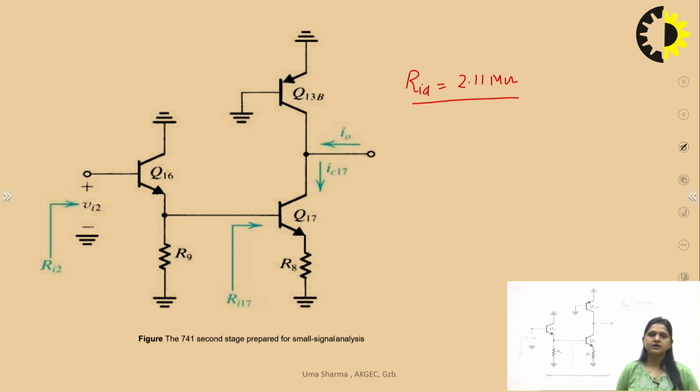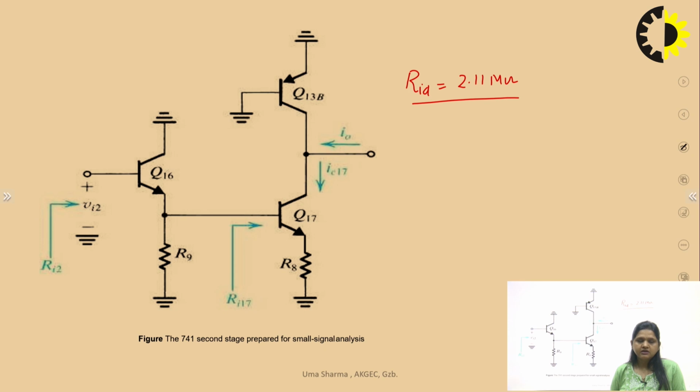Ultimately, for the complete IC, we have to calculate gain of the operational amplifier, and we have to calculate output impedance of the operational amplifier, but directly we cannot move to the output stage to calculate all these parameters. So, one by one we have to perform small signal analysis on each transistor, so that we can see how the signal is processed.